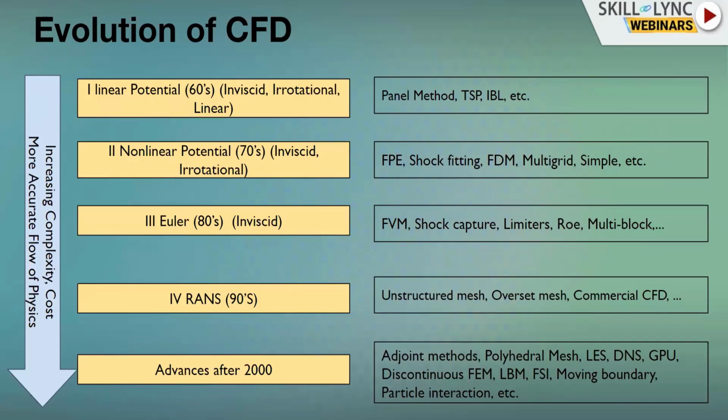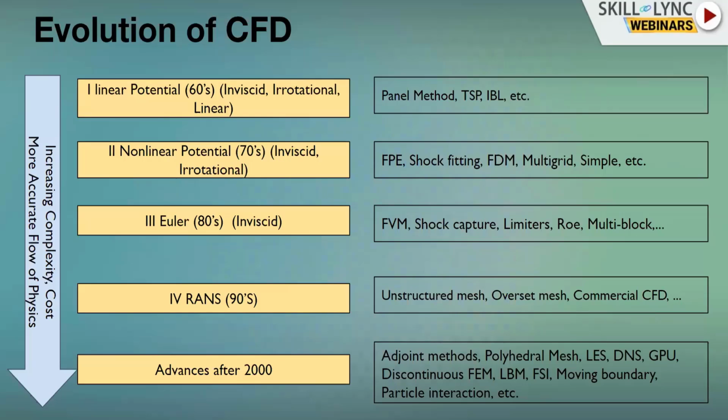And on the numerical side, the adjoint methods came. This adjoint method is still available in the commercial software. Some of the industries were attempting to use that, an optimization technique based on the Navier-Stokes. And polyhedral meshes were already available in a lot of commercial software, which is the evolution of the structured mesh.